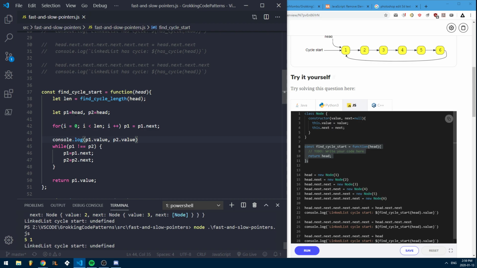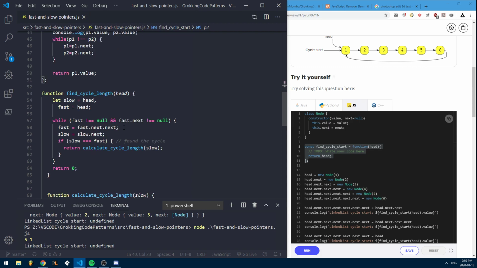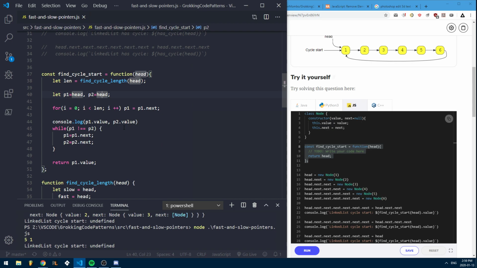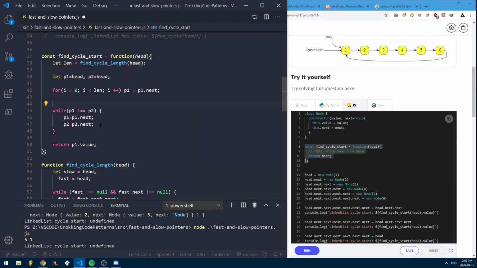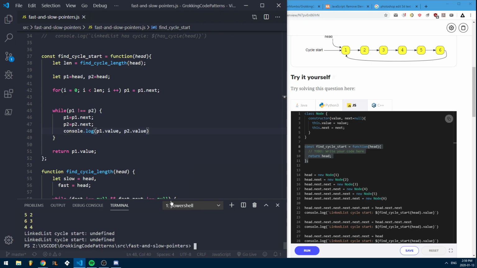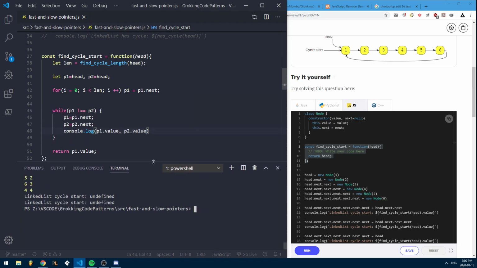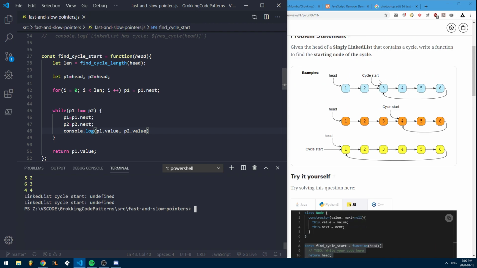Oh, P2 isn't advancing. Why? Four. 1, 2, 3.